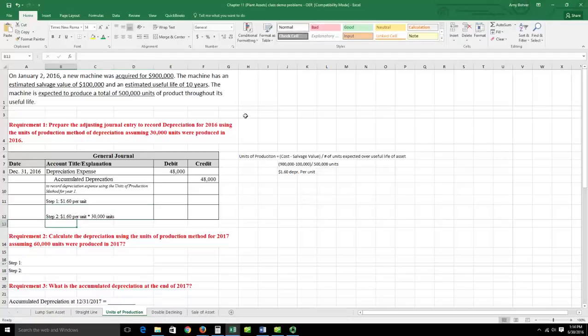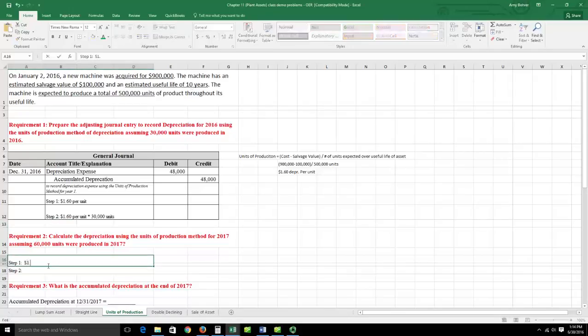For the remaining years, they'll have to tell you how many units you produced each year in order for you to calculate the depreciation for that year. Requirement 2 says calculate the depreciation using the units of production method for 2017, assuming 60,000 units were produced. We don't have to go through step 1 again. That $1.60 per unit will hold true for all 10 years.